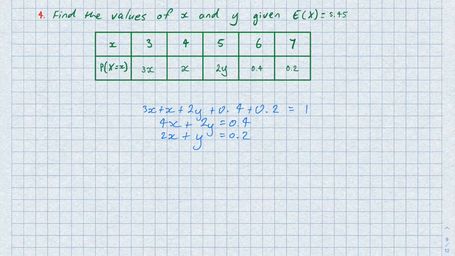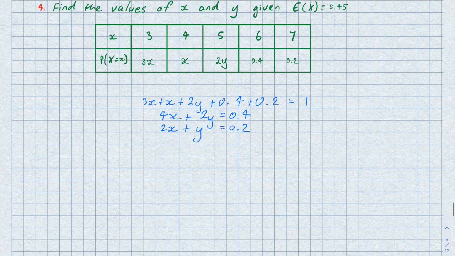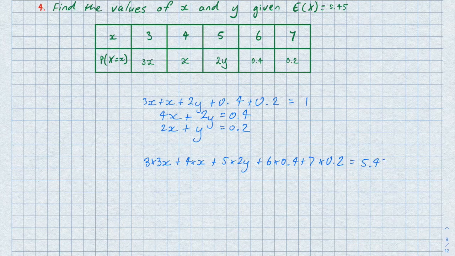Now our second piece is this expected value that we were told. We know that 3 times 3x plus 4 times x plus 5 times 2y plus 6 times 0.4 plus 7 times 0.2, our expected value, is equal to 5.45. So let's work that out. We've got a 9x and a 4x, that's 13x. We've got 5 lots of 2y, so that's 10y.